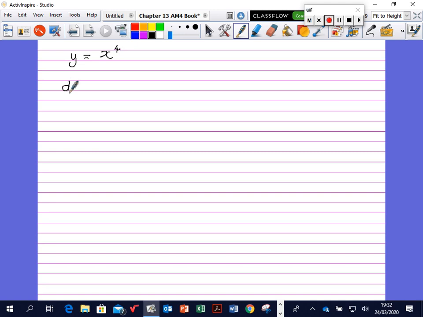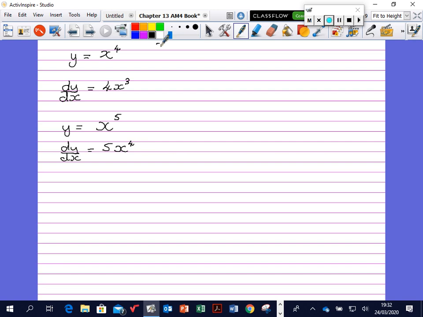But for now, I need you to learn a simple rule. dy dx, the slope function for the equation above, is 4x cubed. If I've got y is equal to x to the power of 5, then dy dx is now equal to 5x to the power of 4.